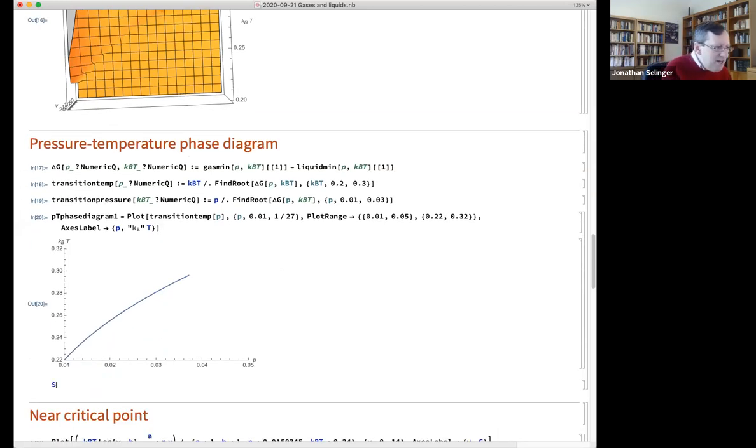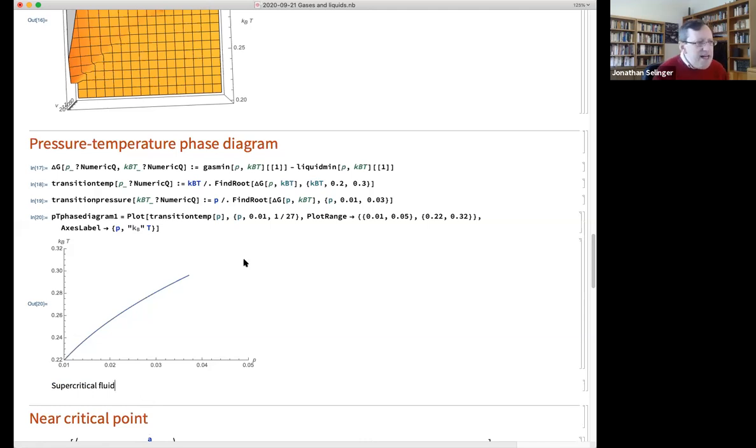Okay, I'll type that. Supercritical fluid to mean what occurs out there. The word super means beyond, like Superman is beyond an ordinary man. So supercritical is beyond the critical point.